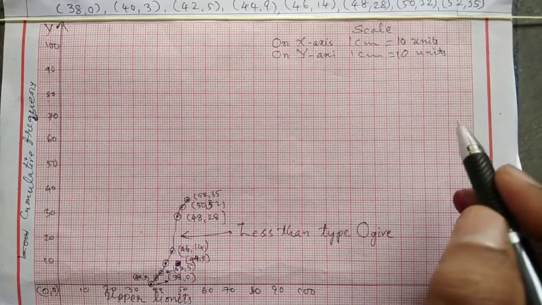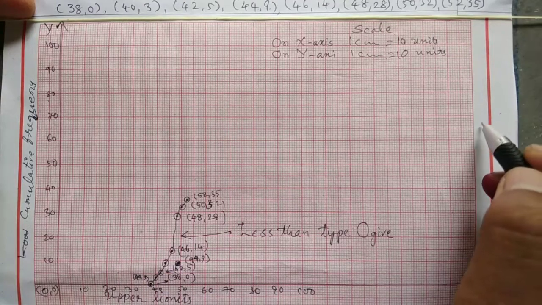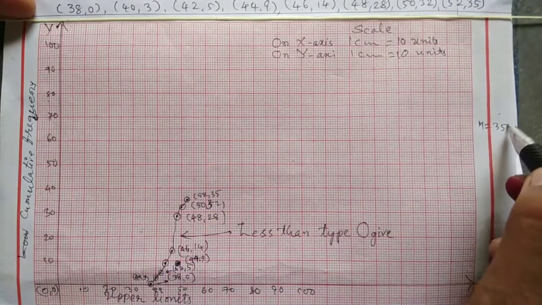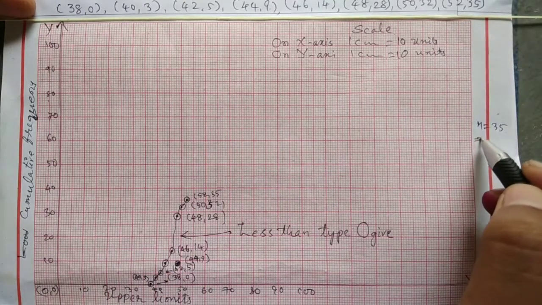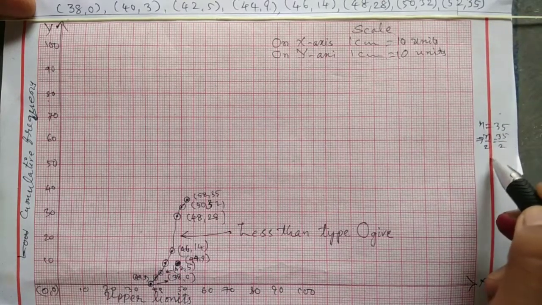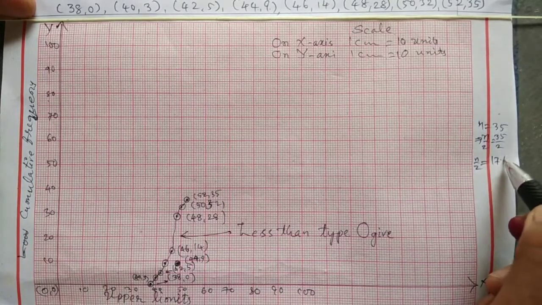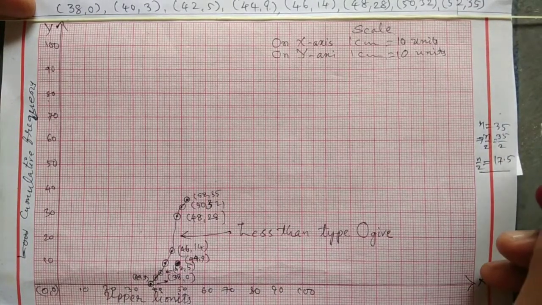Now we have to locate the point n by 2. N is given as 35. Then n by 2 is equal to 35 by 2, that is equal to 17.5.